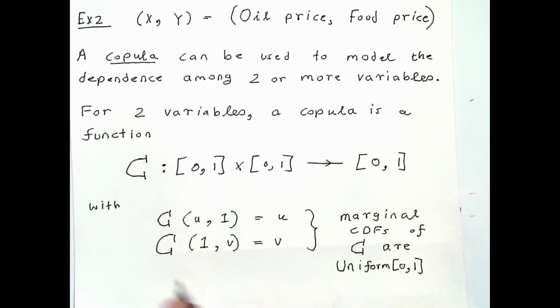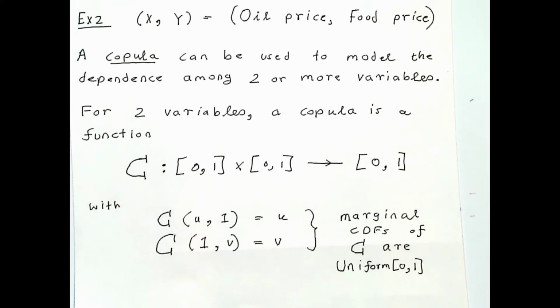That's what these two conditions tell you. This tells you that the marginal distribution of the first variable is uniform 0,1, and this tells you the marginal distribution of the second variable is uniform 0,1.